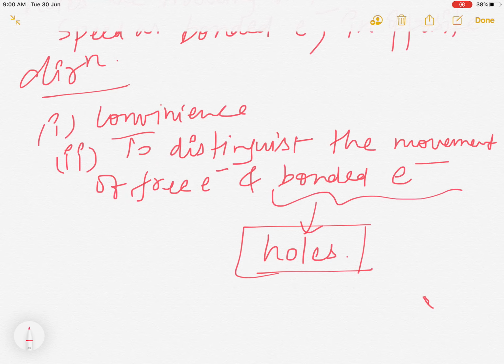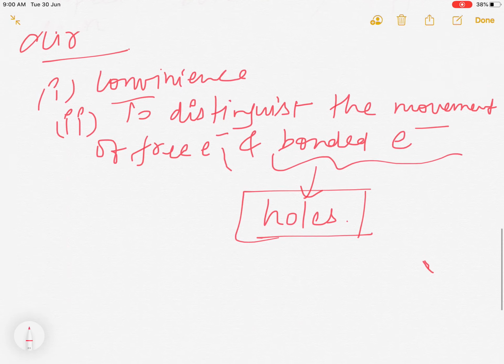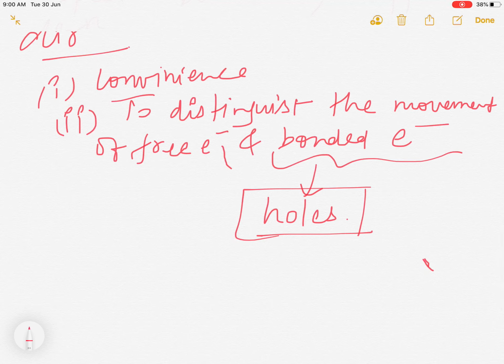So that movement of bonded electrons has to be taken into consideration, and that's why, for our convenience and to distinguish between the movement of free electrons and bonded electrons, we said that bonded electron movement can be considered as a movement of holes just in the opposite direction, right? So it is very convenient for us to use in our calculations.